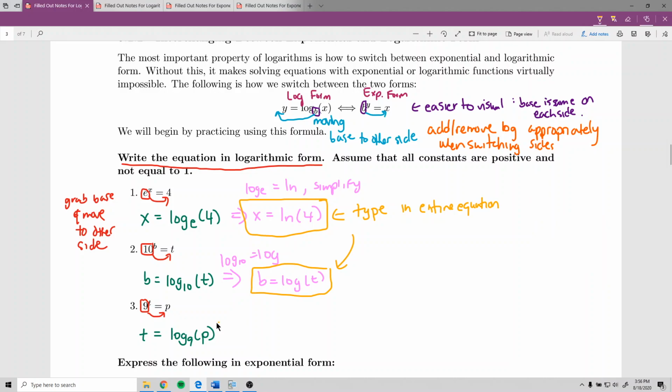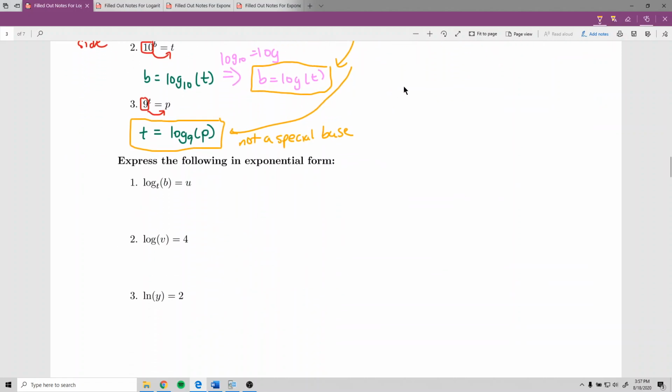And base 9 is not a special base, so we have to leave it like this. But if you can do it this way, you can actually do it the other way, just the same, but opposite.